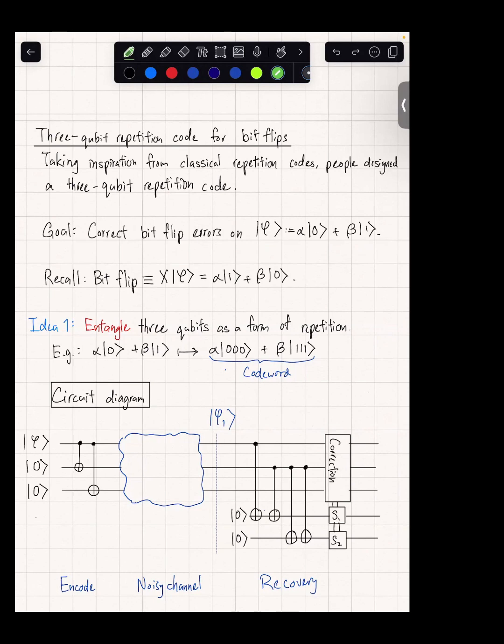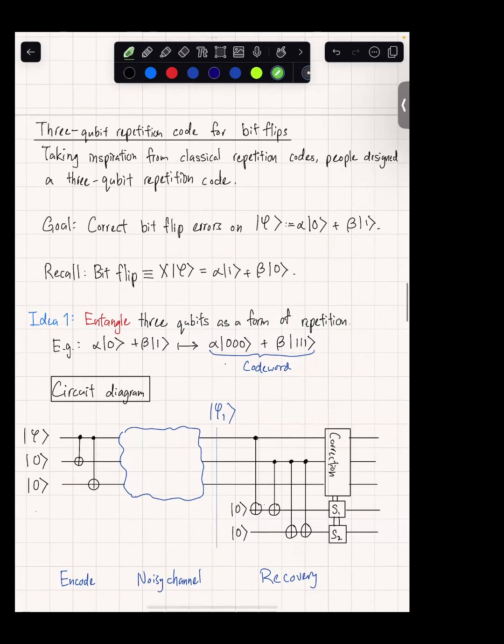We would entangle 3 qubits together. And that is done with this part of the circuit diagram, where we perform a CNOT on the second and third qubits based on the first qubit. And what this would do is take a quantum state like this, alpha 0 plus beta 1, and map it to this code word, alpha 000 plus beta 111. So that's our code word.